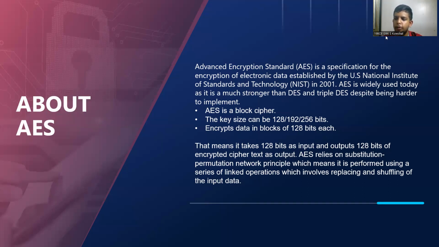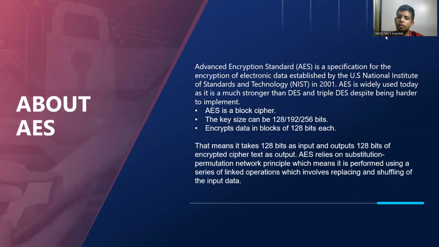And AES performs encryption on 1 byte rather than a bit, which makes the computation really fast. Also, the number of rounds depends on the key length. So you can have various rounds of encryption based on the size of the key. If you have more computational power, it ensures more security.